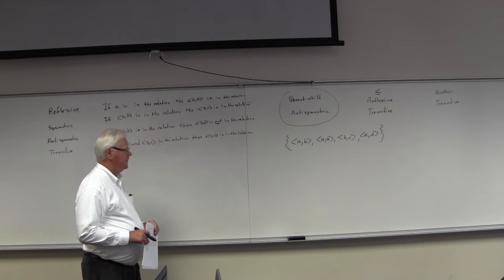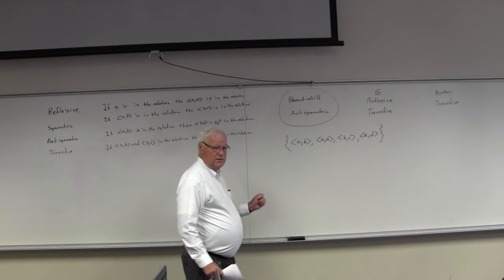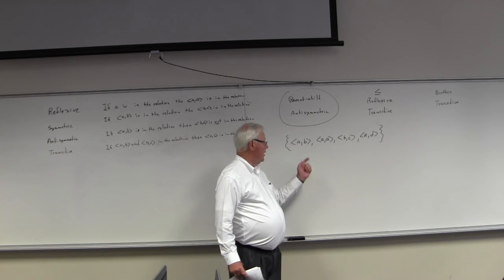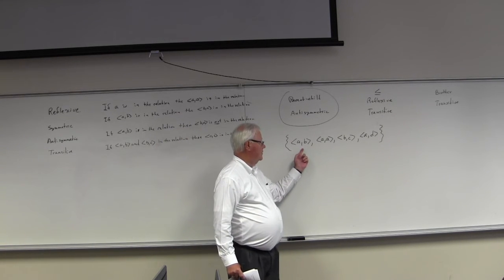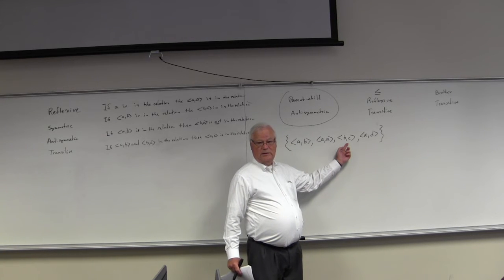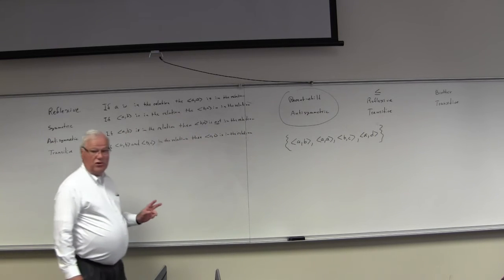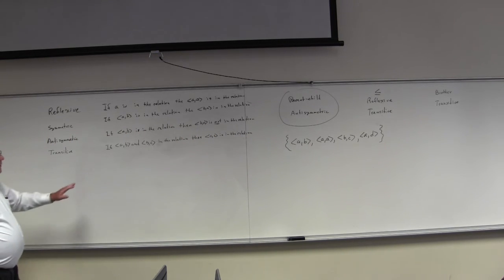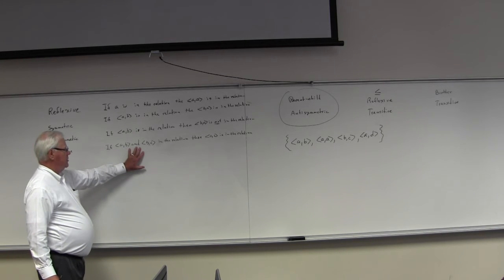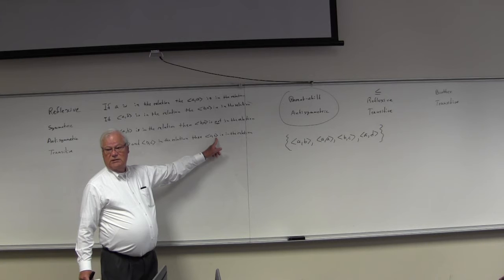Is it transitive? Where's the transitivity? A and B. We've got AB, BC. Do we have AC? Remember, to be transitive, and that's good that you saw the first two pair, when you have the first two pair, you must also have the first and the last.